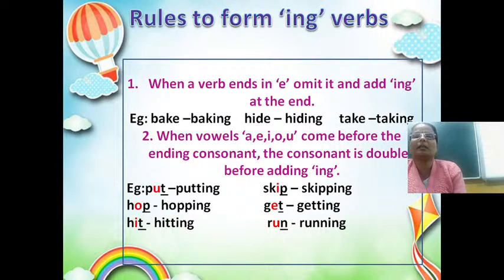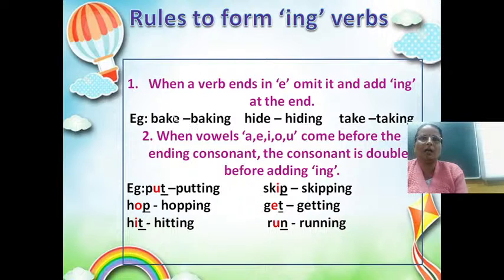But in some other cases, the spelling changes when we add ing. So here is the first rule. When a verb ends in e, omit it and add ing at the end. We have discussed it yesterday. Look here. For example, bake, B-A-K-E, bake.